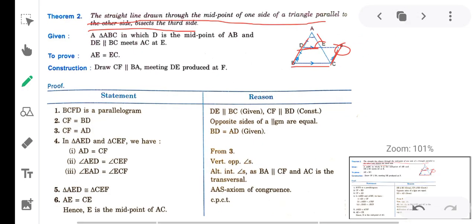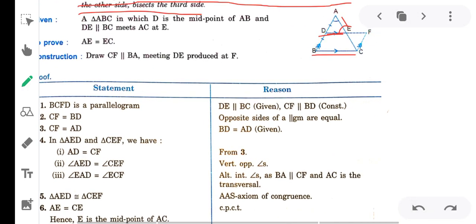Now coming to the proof. By construction CF is parallel to AB and DE is parallel to BC. If DE is parallel to BC, then DF is also parallel to BC.